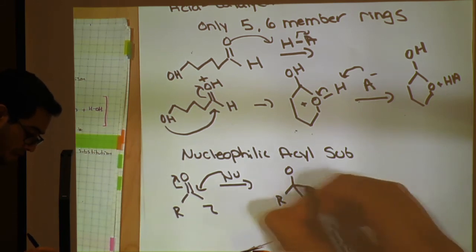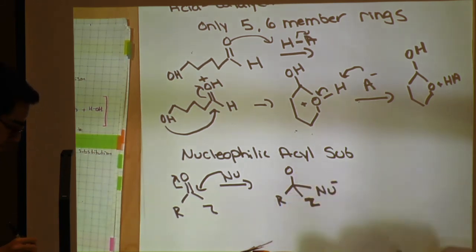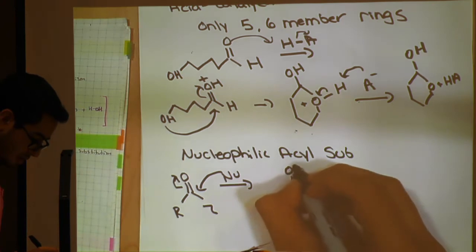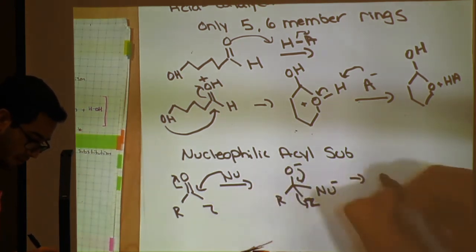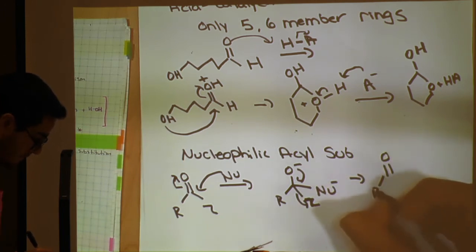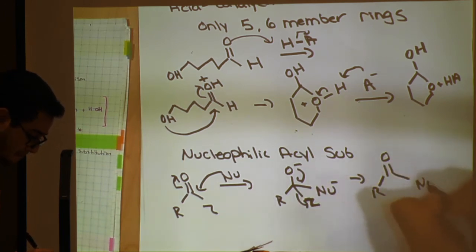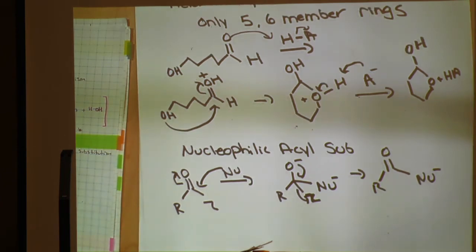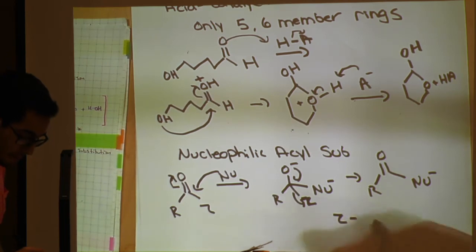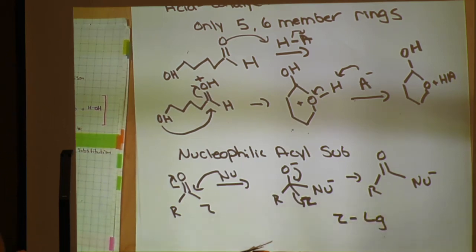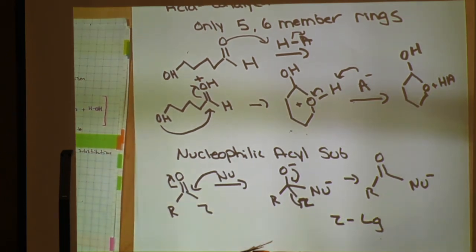But now we're going to actually have some rules to it. The Z group, and we now have the nucleophile. Before, when we first introduced this, we were talking about how as long as Z, which is acting as our leaving group, is a stronger leaving group than the nucleophile, this reaction will undergo the substitution.